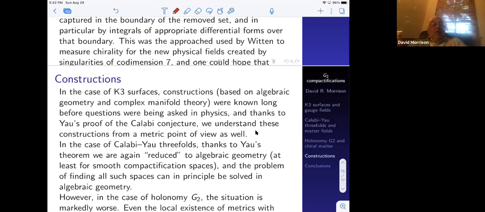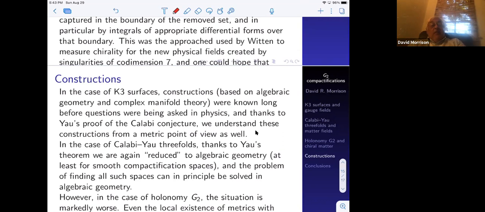And although the properties of those constructions were phrased in terms of algebraic geometry and complex manifold geometry, thanks to Yau's proof of the Calabi conjecture, we also understand them from a metric point of view as well. So we're in pretty good shape for constructions of K3 surfaces.